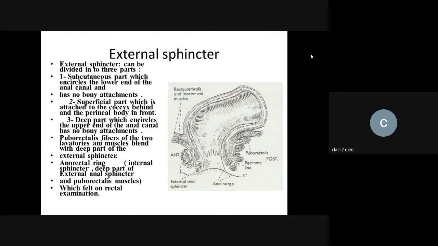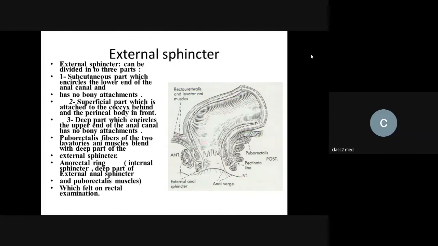Second, the superficial part, which is attached to the coccyx behind and to the perineal body in front. And the third part is the deep part, which encircles the upper end of the anal canal and also has no bony attachments.